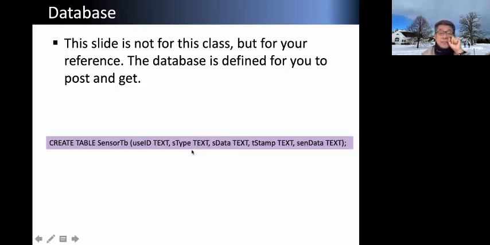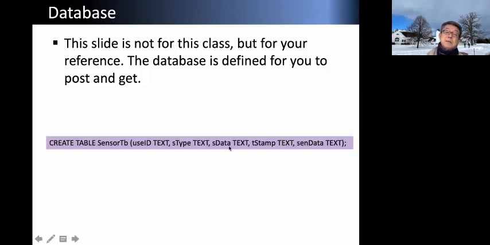Sensor type, maybe if it is a temperature sensor, you can say temperature, or motion sensor, or distance sensor, any other sensors, okay? And this is sensor data. From this type of sensor, data can be collected, so that data fits in this. And then the current timestamp needs to be printed here.